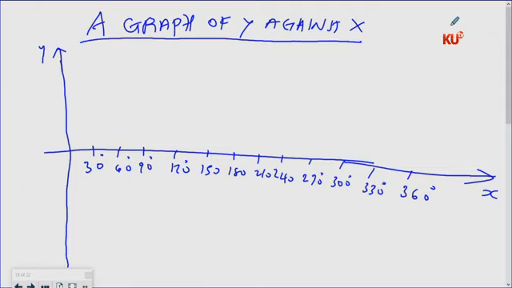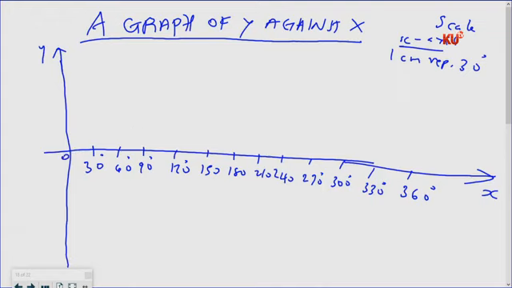The scale should always be at the top right. So the scale here on the x-axis, we are using 1 centimeter to represent 30 degrees. Of course, this is the origin.